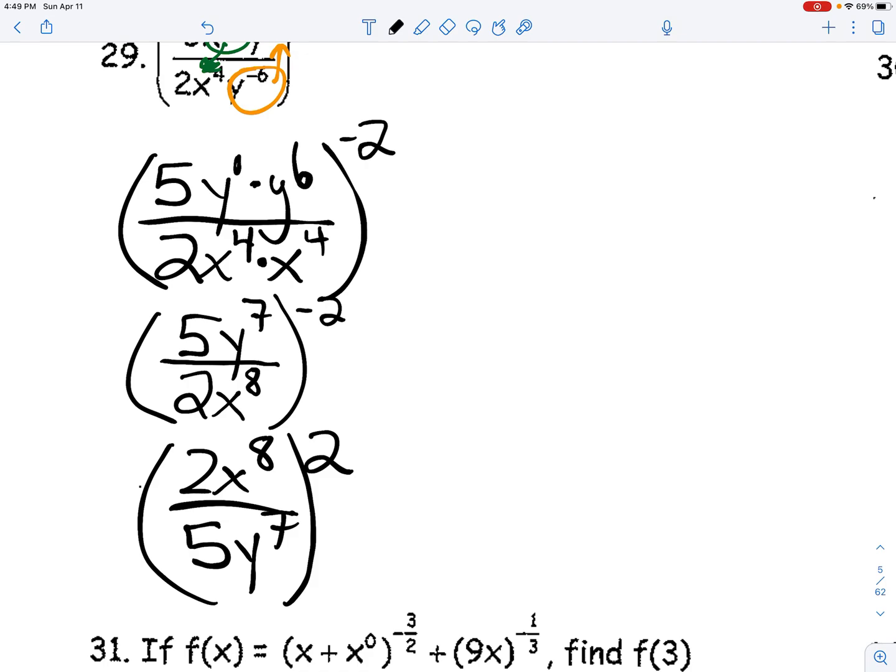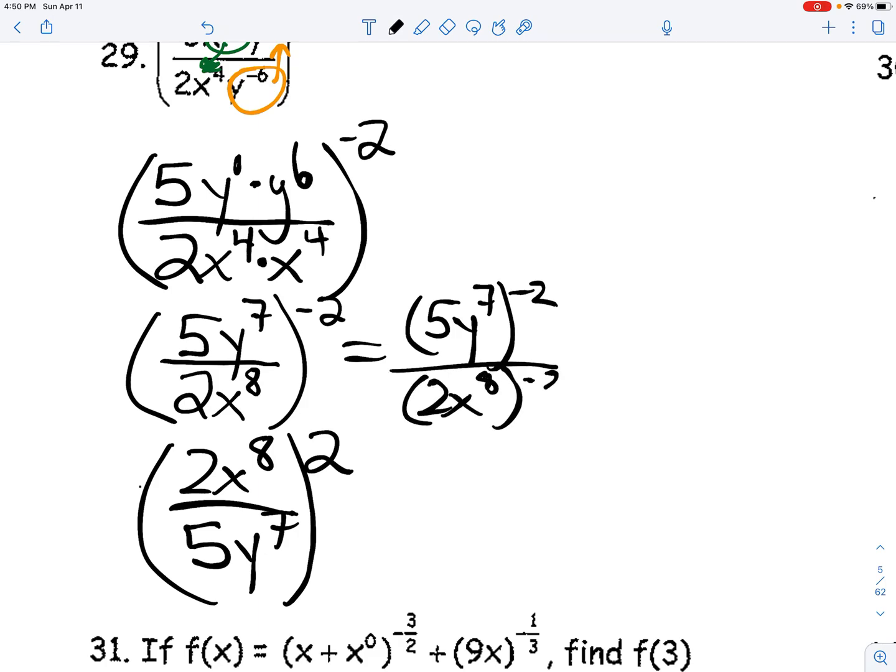The reason you can flip that fraction is because both 5y to the 7th and 2x to the 8th are raised to the power of -2. 5y to the 7th is being raised to the -2nd, and 2x to the 8th is being raised to the -2nd, both the top and the bottom.